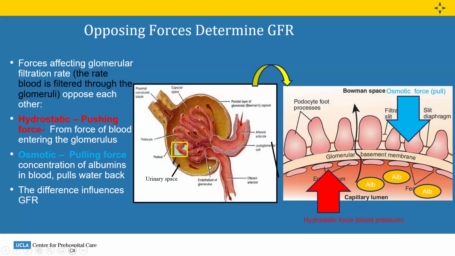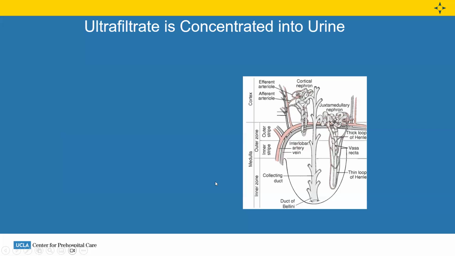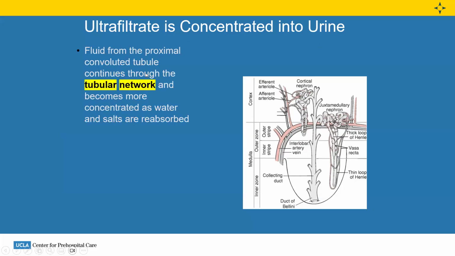So it will have all nutrients, wastes, and water in it that we want to modify later. So initially, the fluid that collects there is called ultrafiltrate, but then ultrafiltrate is going to become filtrate that's concentrated into urine. So fluid from that proximal convoluted tubule is going to work its way through our tubular network.